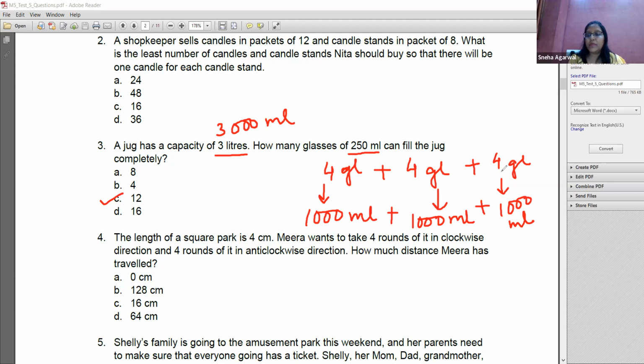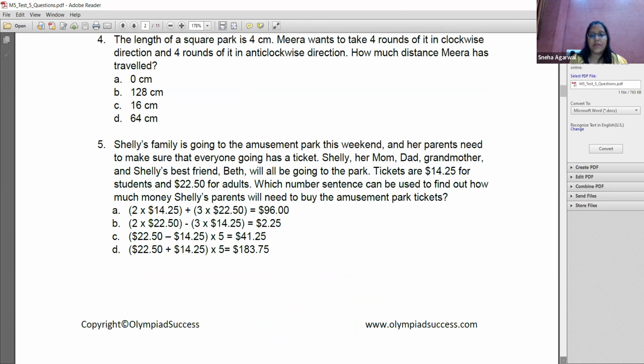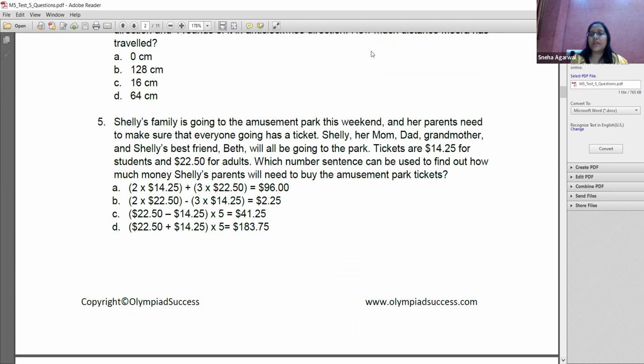Now, coming to the next question. This one is also very easy. In the fifth one, they are telling you the rates of tickets for children and adults, and you need to find out how many children there are.